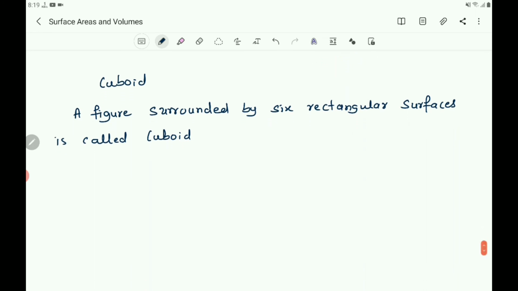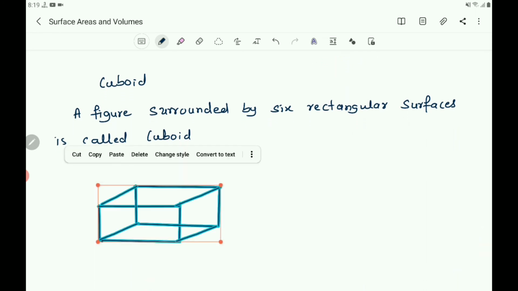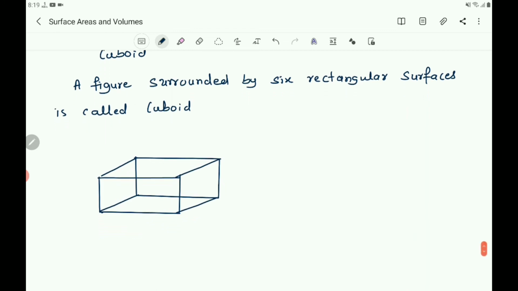Let us have the figure of the cuboid. So you take, this is a cuboid. It is a figure of cuboid, and the opposite surfaces of a cuboid are equal and parallel. And also you know that a cuboid is having 12 edges.